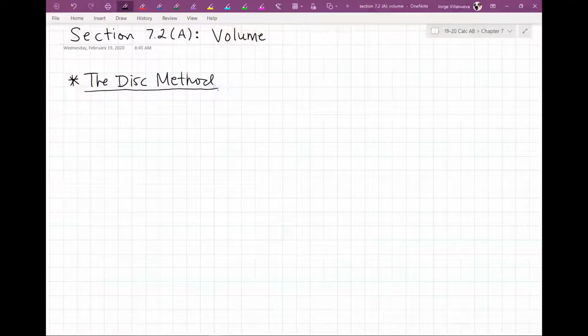So disk method is, I think I told you guys earlier, whenever the area touches the axis of rotation, we get disk. So they give us a formula for this. Let's put horizontal rotation here. And we get this formula for it.